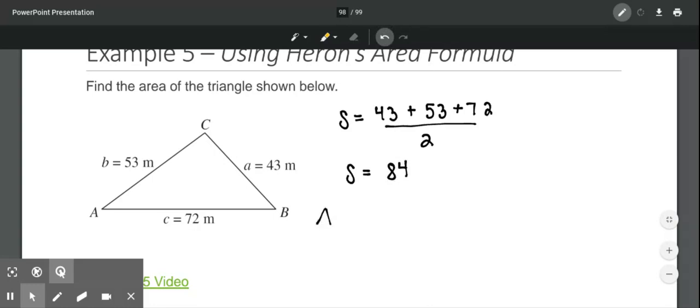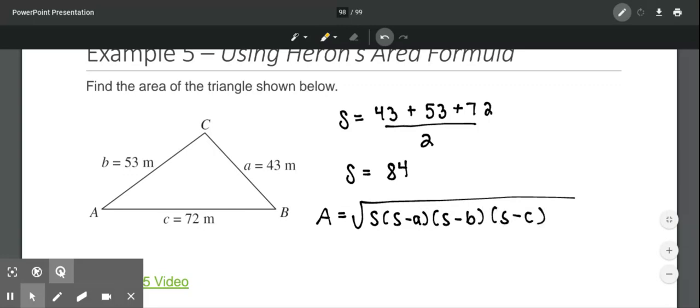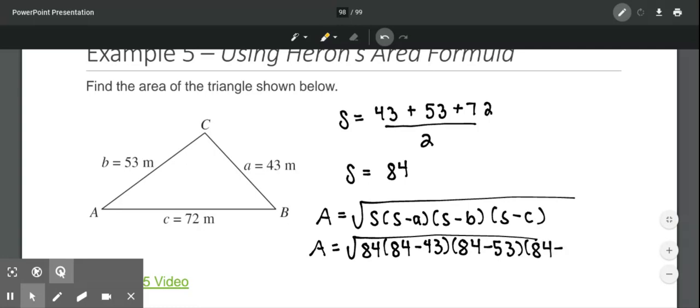Okay, so then remember our area formula is the square root of S times S minus A times S minus B times S minus C. And so we have to substitute those values in. So we have the square root of 84 times 84 minus A, which is 43, times 84 minus B, which is 53, times 84 minus C, which is 72.